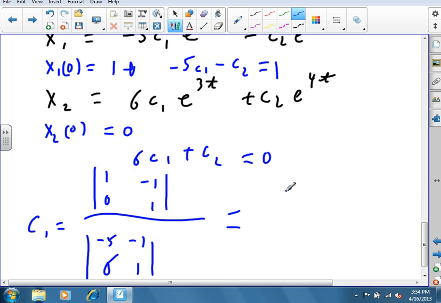So on the top I have a 1, and on the bottom I have a 5 minus a minus 6, which is a 1. So c1 is 1. If c1 is 1, then c2 had better be minus 6. c2 is minus 6.